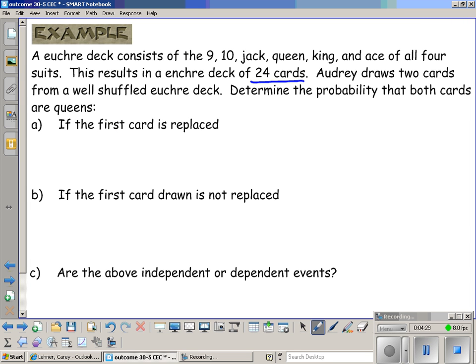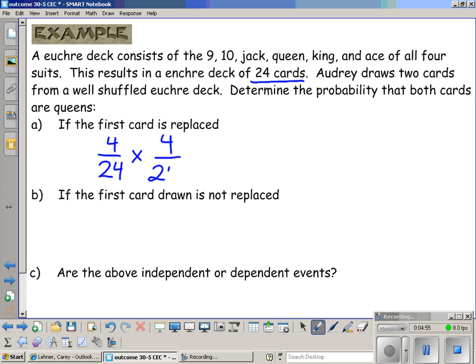So let's consider what would happen here. How many queens are there? There are 4 queens in a euchre deck. There are 24 cards in a euchre deck. That's the probability of drawing a queen on the first pick. Now we want the probability of drawing a queen on the second pick. She's put the card back, so there are still 4 queens in the deck.